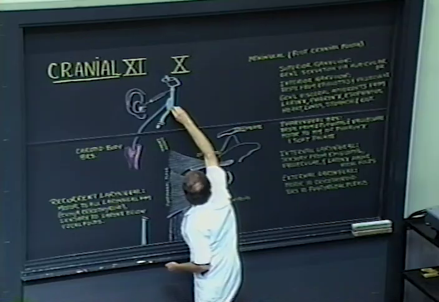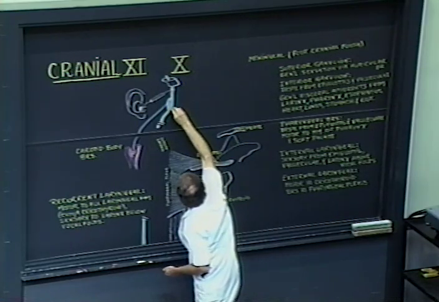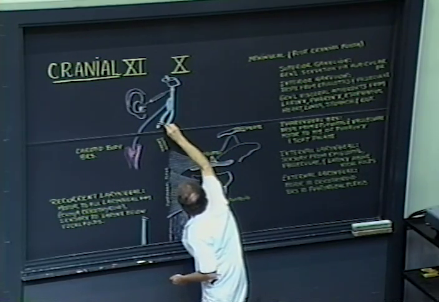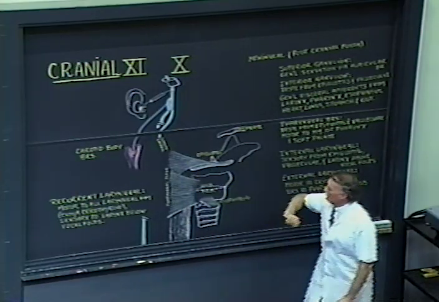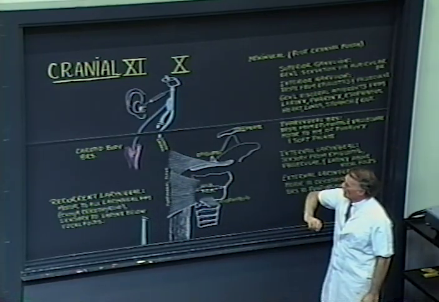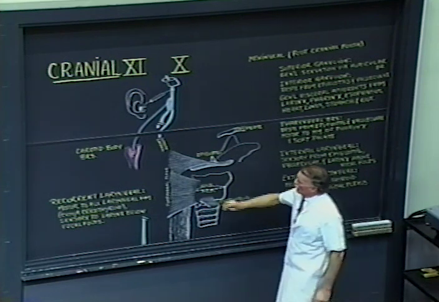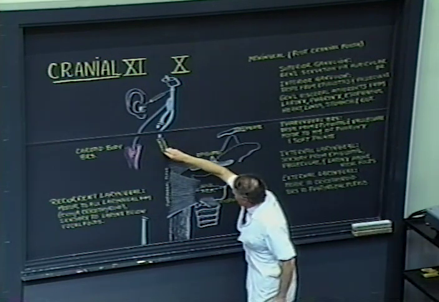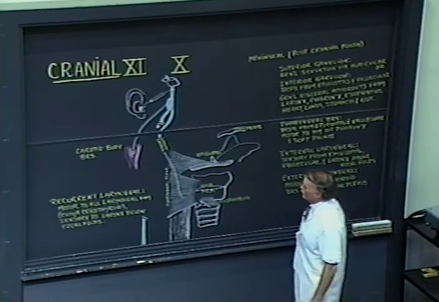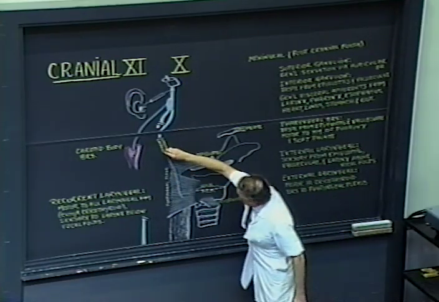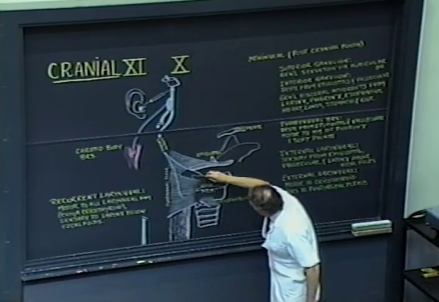Another branch of the vagus will be the superior laryngeal, which will divide into an external laryngeal and an internal laryngeal.